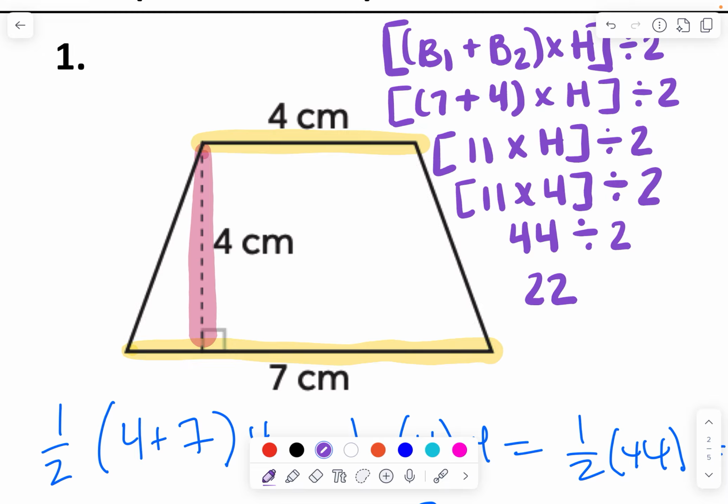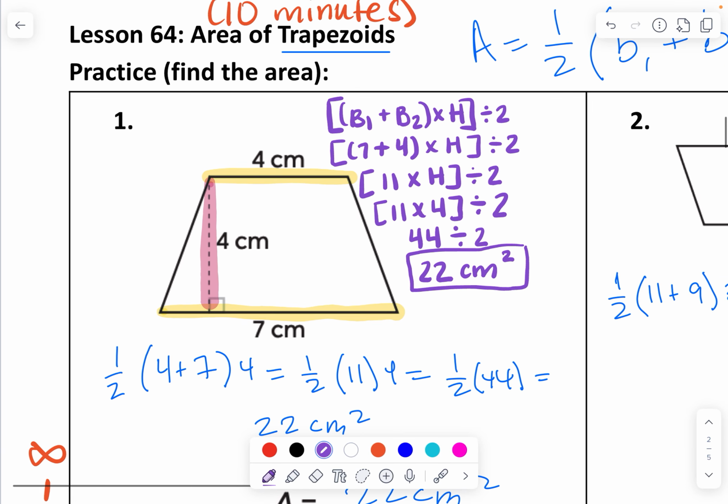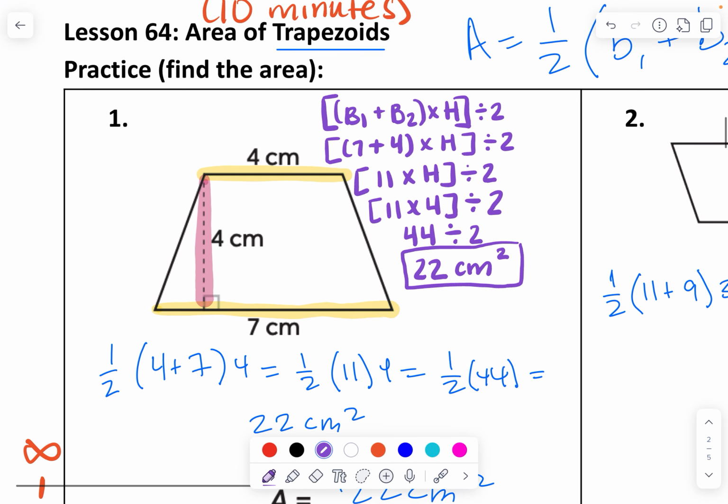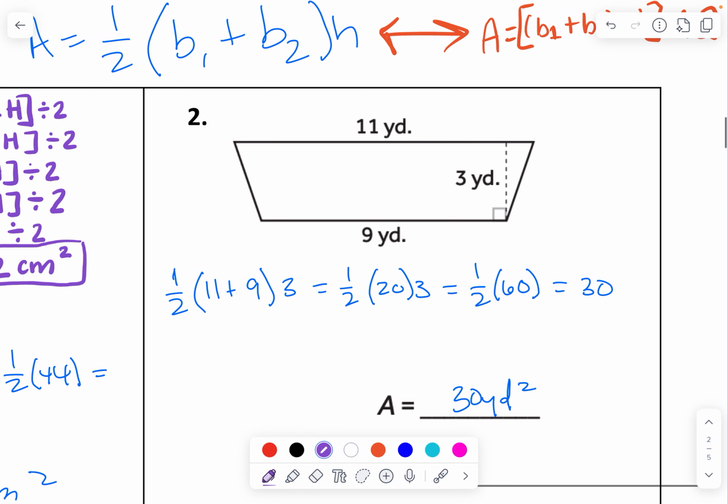Our unit is centimeters, and we know that we've been multiplying these units together, so we need to square it. So 22 centimeters squared is our area. Okay, I will do another example for you just so you feel confident about how to roll this out to students.